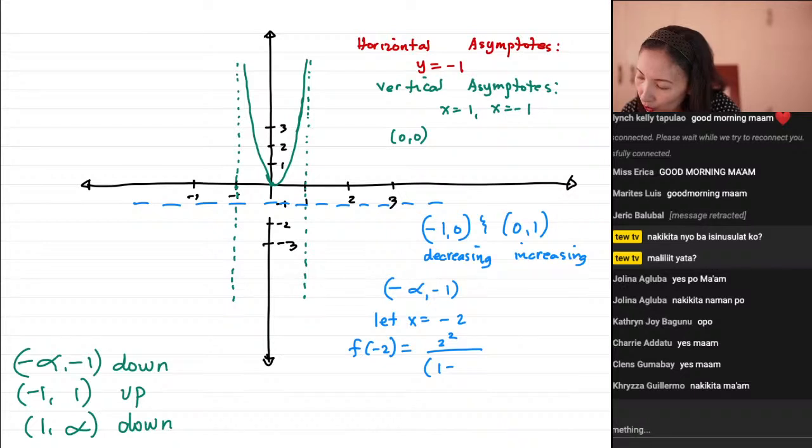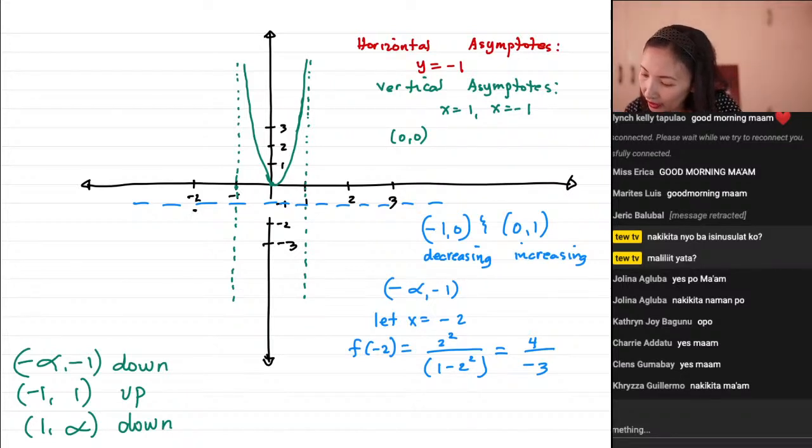So, 2 squared, okay, what will this be? 4 all over negative 3, correct? So, if this is negative 2 and negative 1.3, something like that, somewhere here.